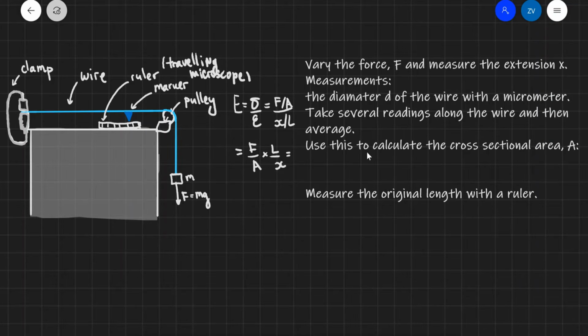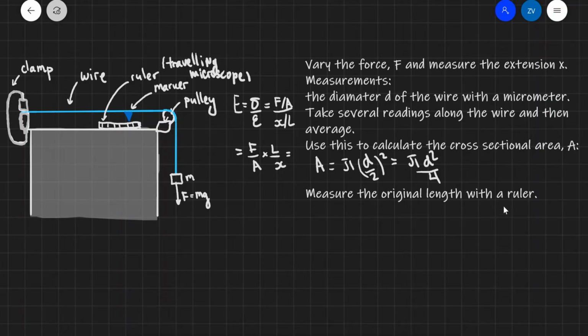We're going to use this to calculate the cross-sectional area A, and for that we're just going to use the cross-sectional area formula, which is just pi r squared, which means that this is equal to pi (d over 2) squared, which is equal to pi d squared divided by 4.